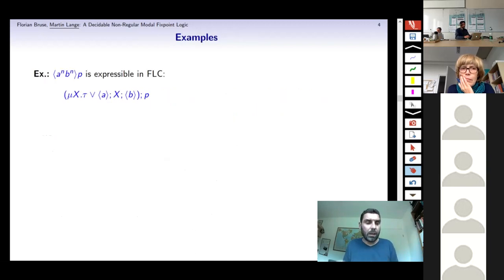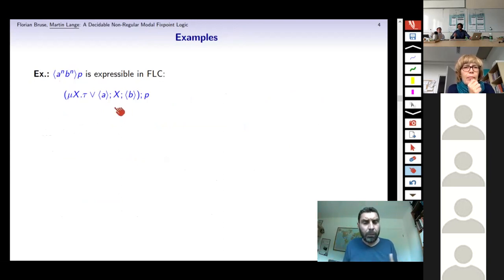Let's have a look at an example. The property I mentioned earlier: diamond a^n b^n p, so there is a path along which we see a word a^n b^n to some state p, can be expressed in FLC in the following way.